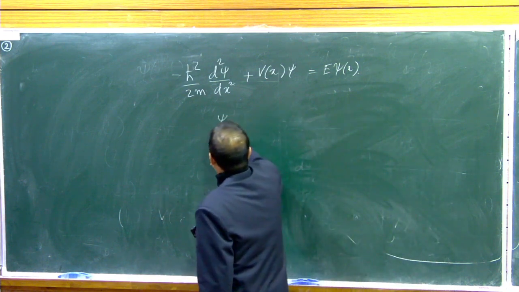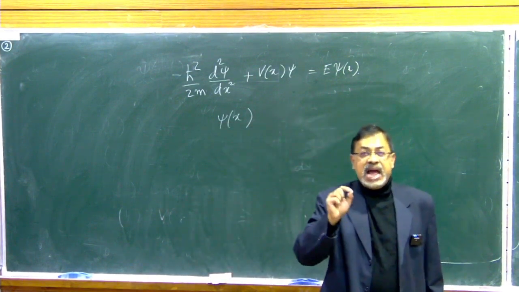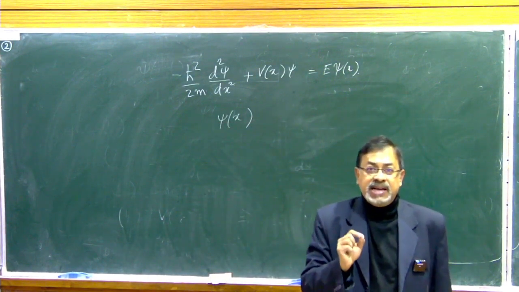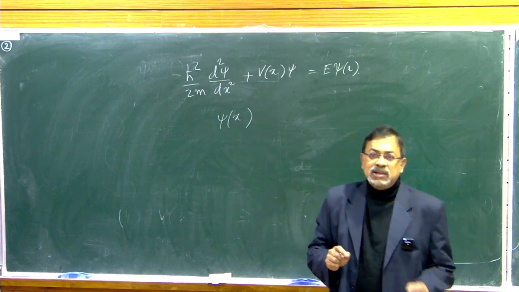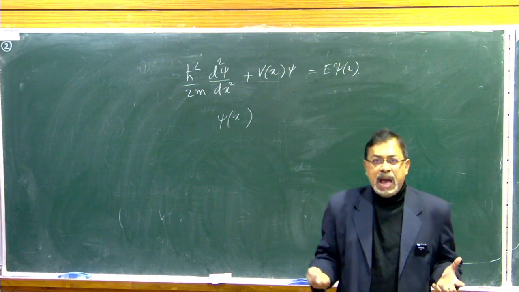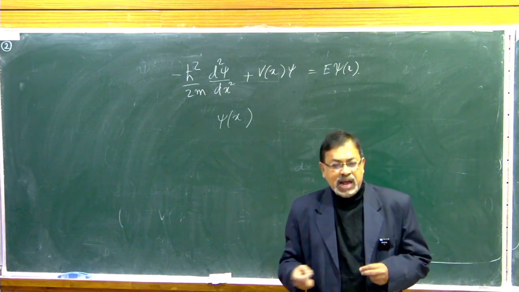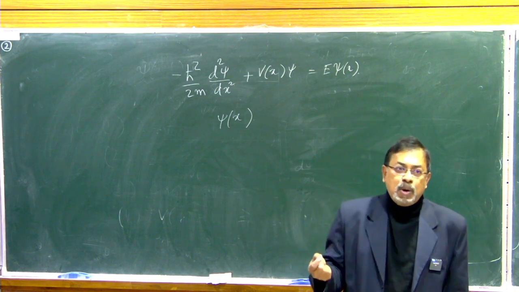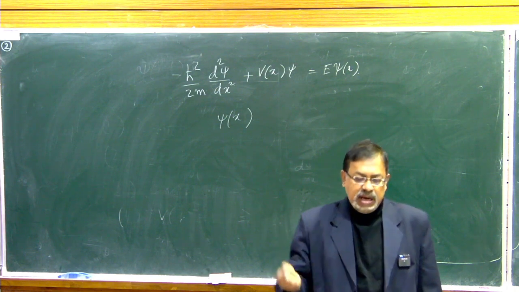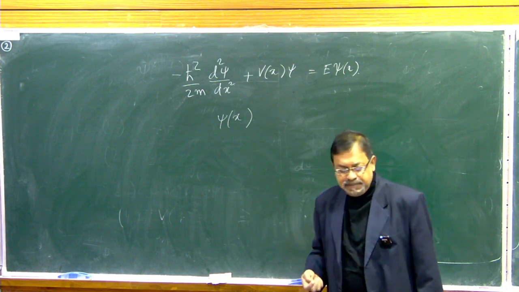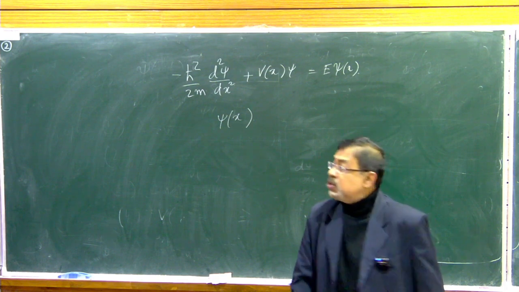So this psi of x must be single valued, which means that at a given value of x it must have one unique value, such that the probability density doesn't become ambiguous somewhere in space. It cannot happen that there are two probabilities at a given space point for the particle to exist. So it's single valued, and it's also square integrable.